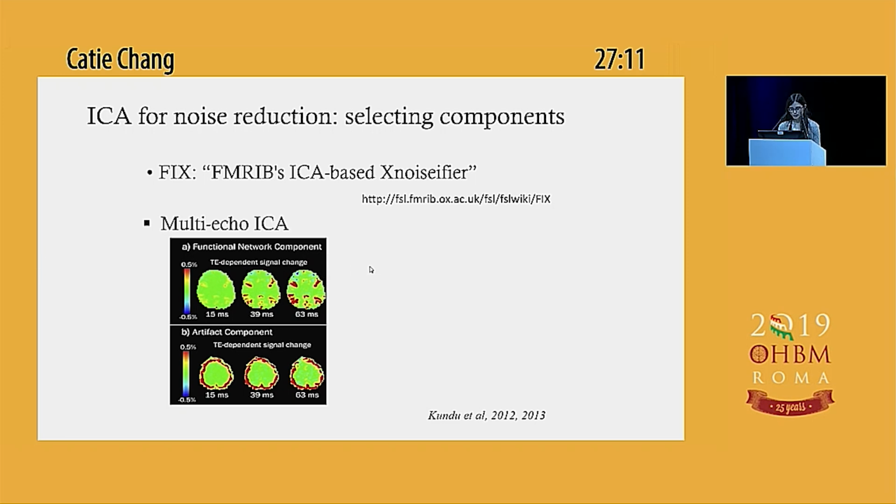And this uses the principle that BOLD signals, like neurally generated hemodynamic responses, show an echo time dependence scaling in their percent signal change. Whereas non-BOLD artifacts or non-BOLD components, like head motion, would not be expected to have an echo time dependence.